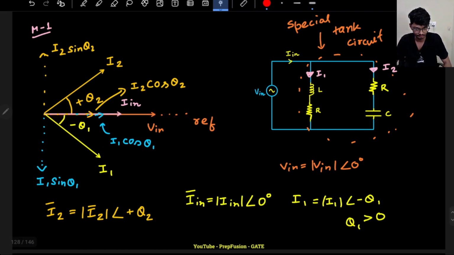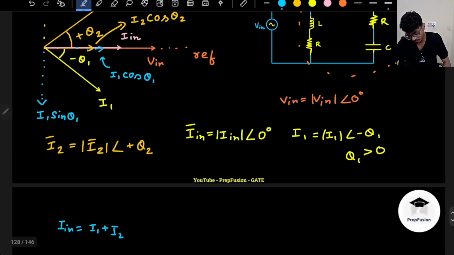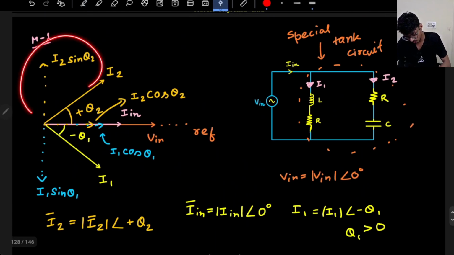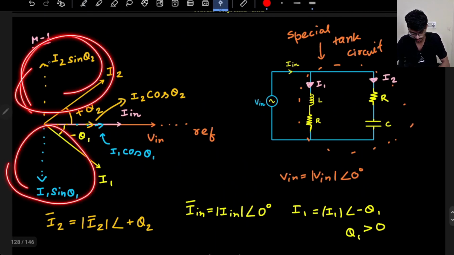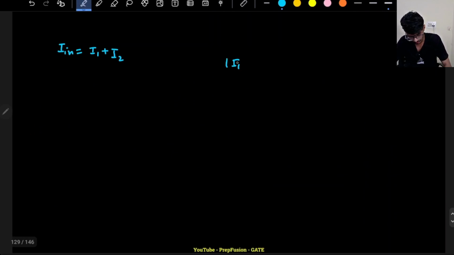So I in is equal to I1 plus I2, correct? The first equation I get is that these two must be the same: magnitude of I1 sin theta 1 must be equal to magnitude of I2 sin theta 2.